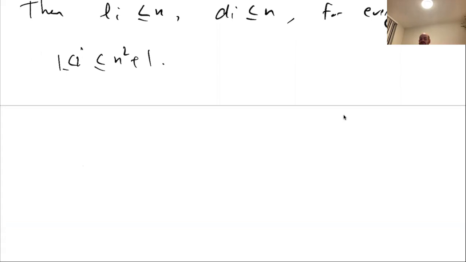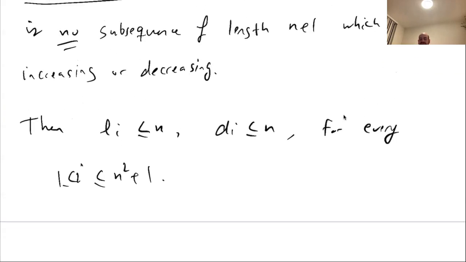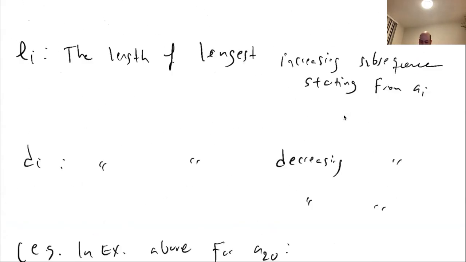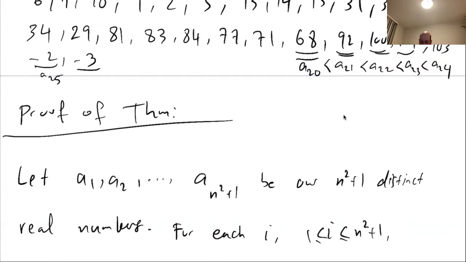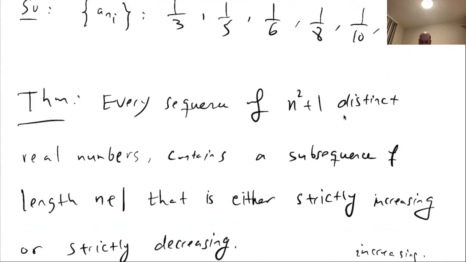Now, I still haven't told you what the boxes are and what the objects are. Well, we have n squared plus 1 numbers. Remember the theorem, the assumption was that we have n squared plus 1 numbers. So probably the numbers are our objects, but what are the boxes?